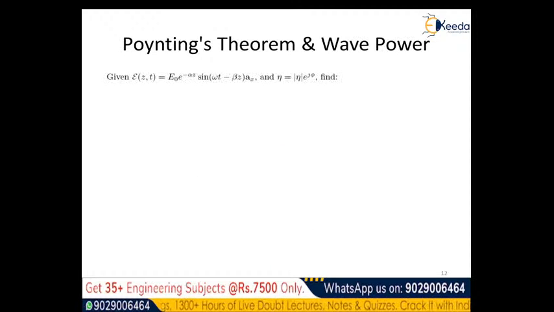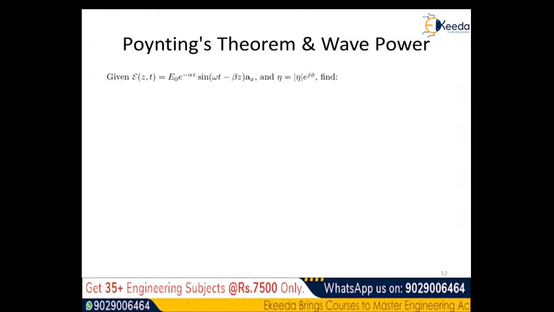It starts as given: we have E0 into e to the power minus alpha z for the electric wave, which is represented as a function of the spatial parameter z and the time parameter t here.